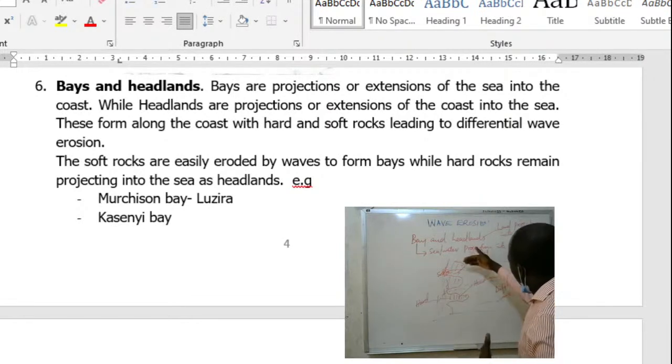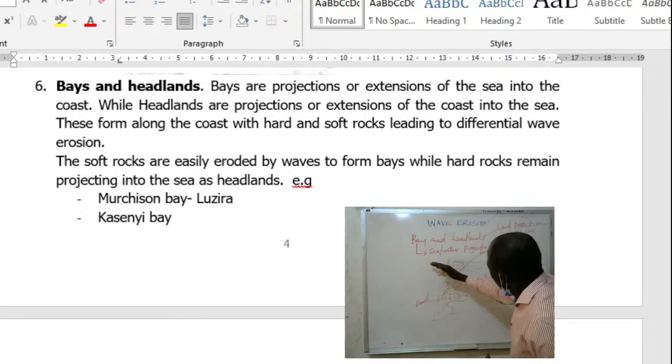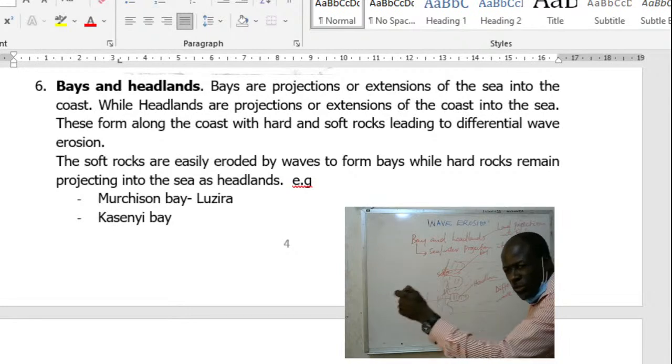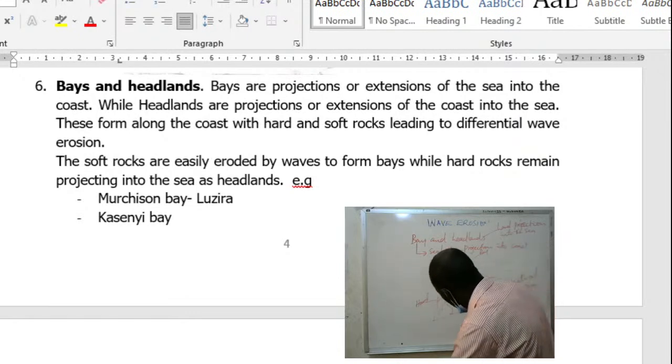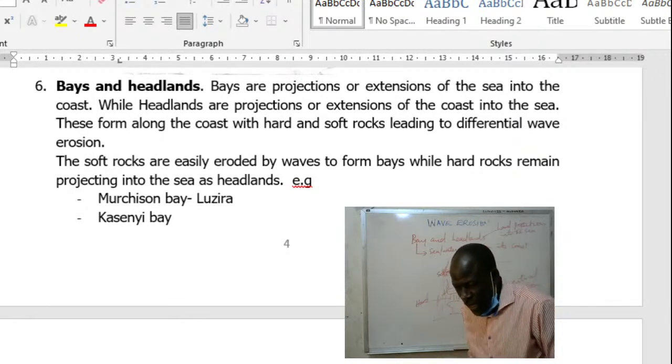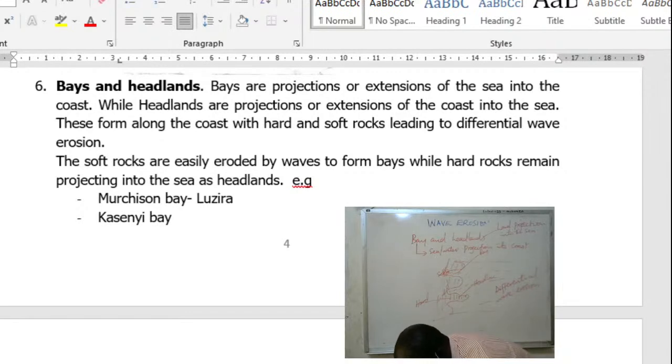So differential wave erosion due to differences in rock hardness results in the formation of sea projections into the land where the rocks are soft, and land projections into the sea or the lake where the rocks are hard.